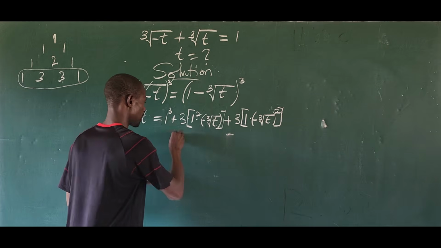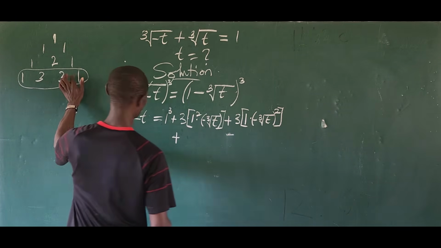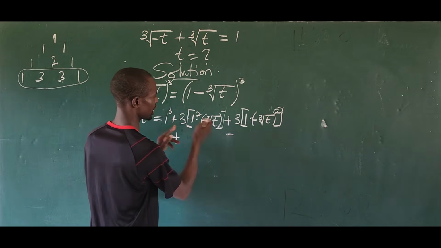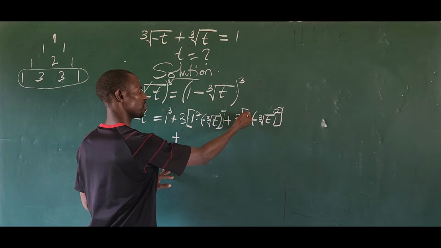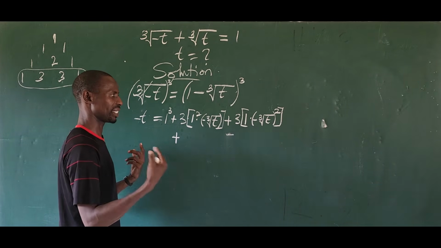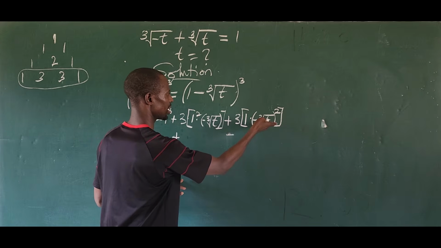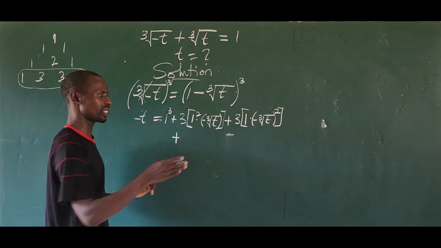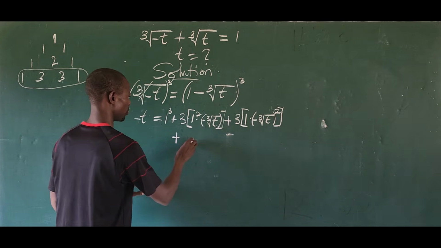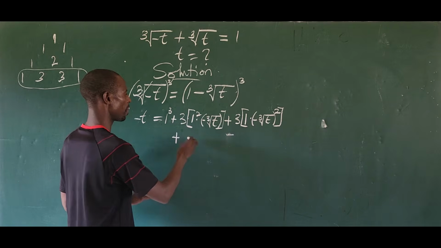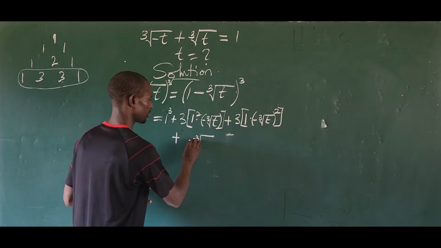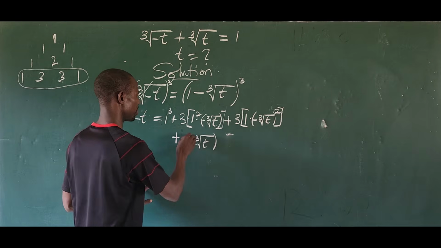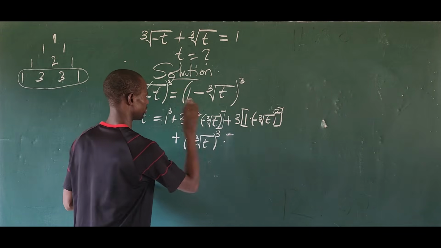Then plus, yeah, the fourth term: 1 will be raised to power 0, which is going to give us 1, and it will leave the system. Meanwhile, this term will now increase in power to 3. And so we will have a coefficient of 1. So this is going to give us minus the cube root of t all raised to the power of 3.